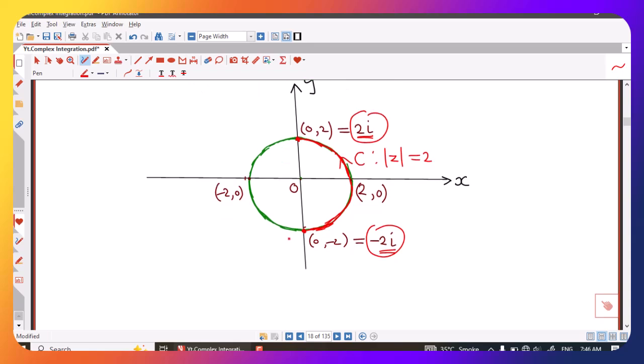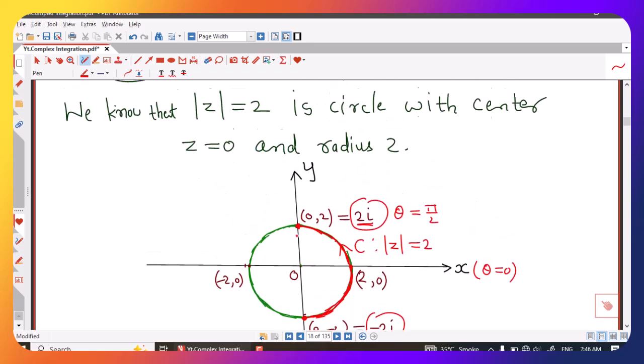Now if we consider this point, suppose our point is at this point, then here theta is 0, and after traveling up to this point, the angle will be pi by 2, and if we go in the clockwise direction, in this downward direction, then here theta is going to be minus pi by 2.